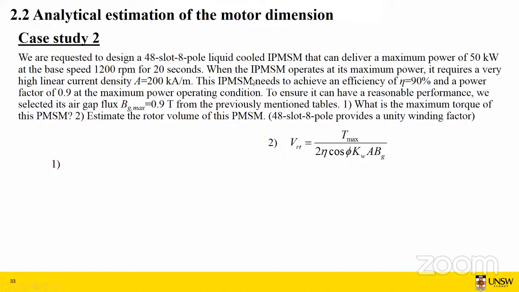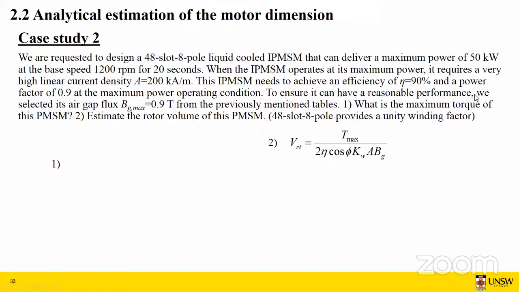So when it operates at maximum power, it requires a very high linear current density that is 200 kiloamp per meter. This design needs to achieve an efficiency of 90%, a power factor of 0.9 at the maximum power operating condition, and also ensure it has a reasonable performance.